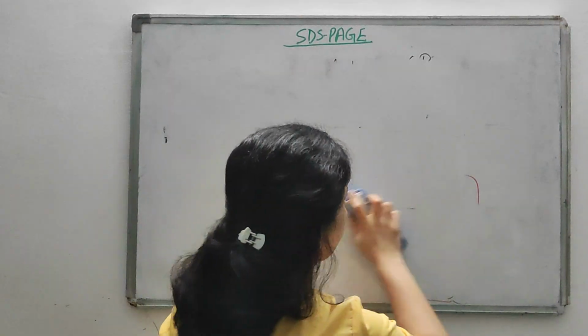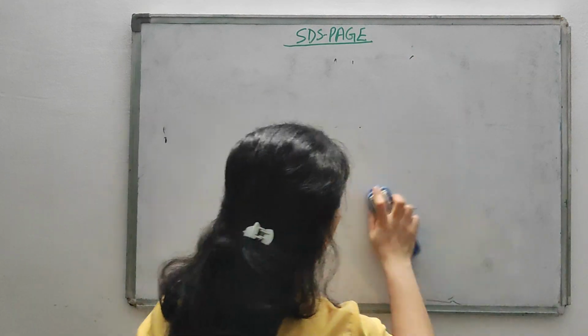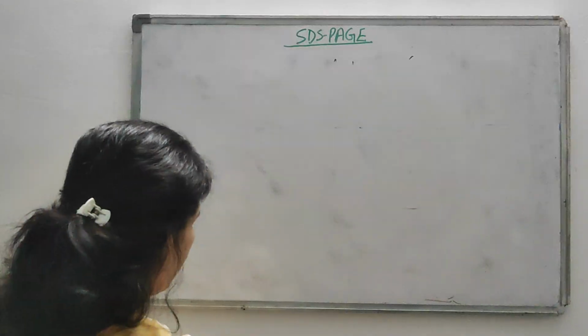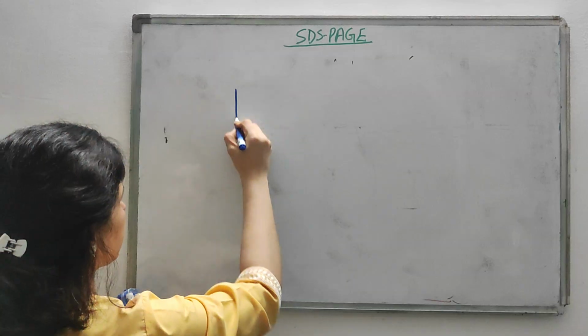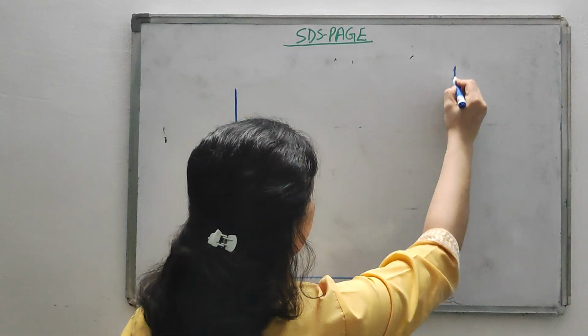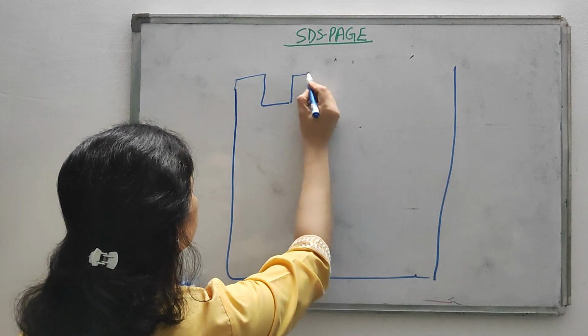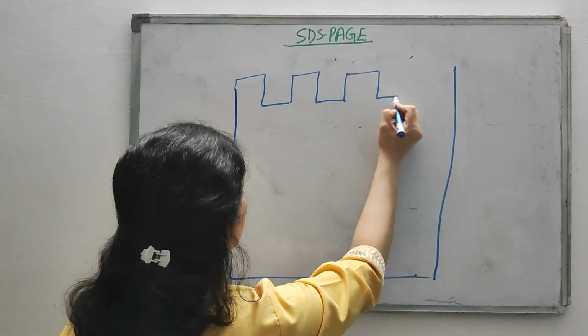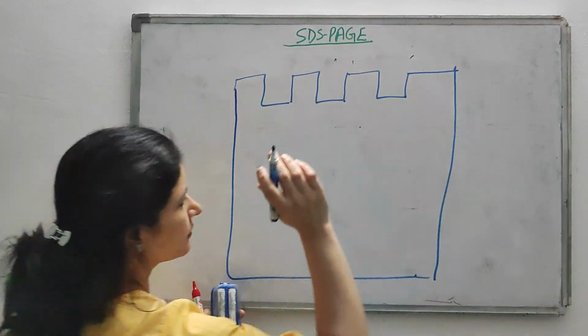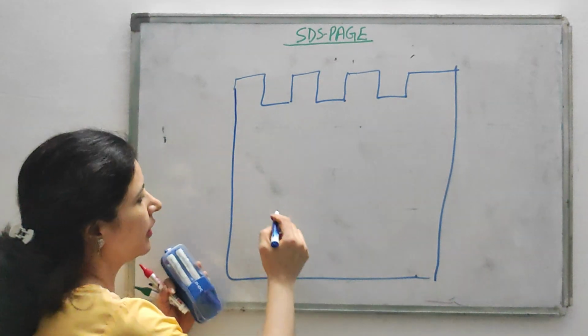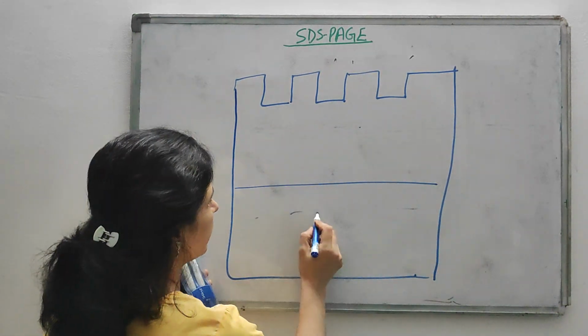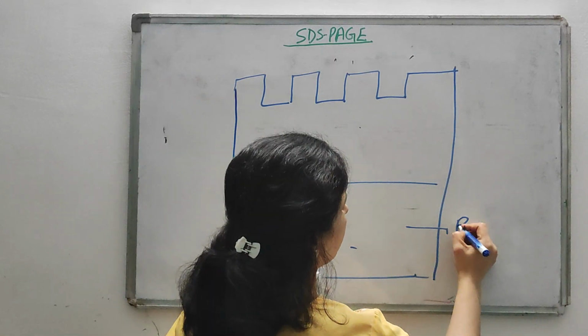Let us understand how this isoelectric point plays a role. First we will draw our SDS-PAGE. This is our glass plate, and here is your resolving gel.